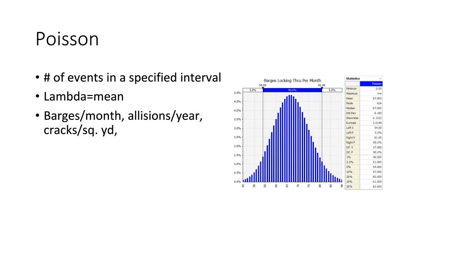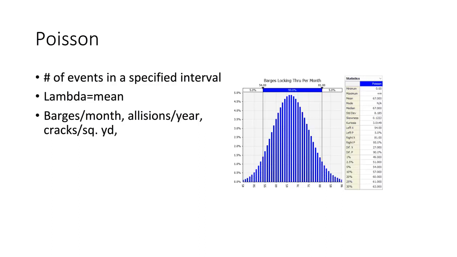The Poisson distribution is kind of like a normal distribution for discrete random variables. It gives you the number of events in a specified interval. The parameter that you'll find when you open up @Risk is lambda, and lambda is really the mean. It would be the average number of barges per month, the average number of elisions per year, the average number of cracks that you'll find in a square yard of concrete, the average number of flaws in a Persian carpet or anything like that.